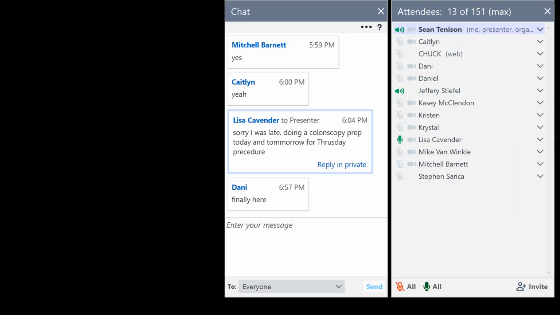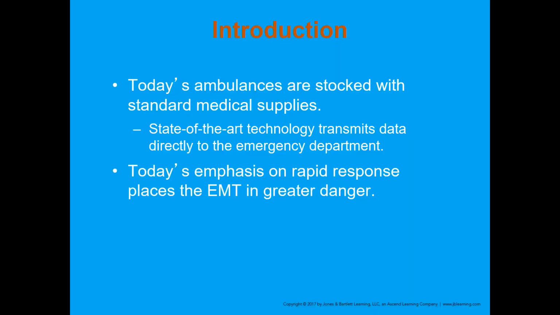All right. Let me pause this. So, transport operations. A lot of this is going to focus on the ambulance and, again, how we transport patients. We know they're stocked with just medical supplies. A lot of our stuff, like our monitors, can transmit information to the hospital through Bluetooth, through wireless capability.